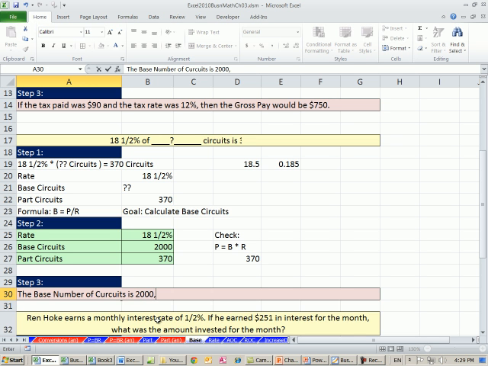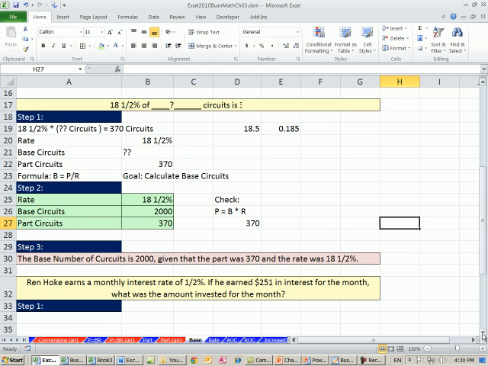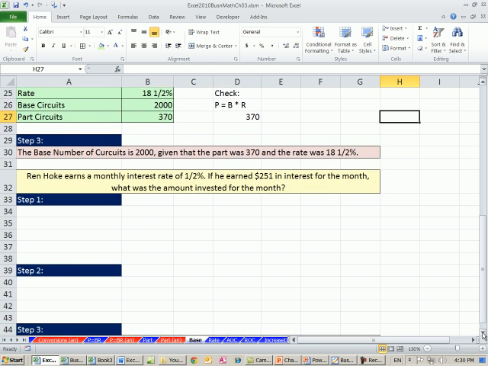And that's enough, but we could also say given that the part was 370 and the rate was 18.5%. All right, the base number of circuits is 2,000. A period would be fine, but I put a comma, given that the part was 370 and the rate was 18.5%.